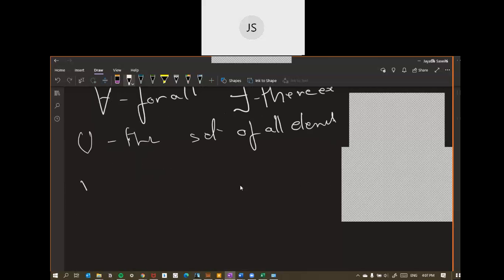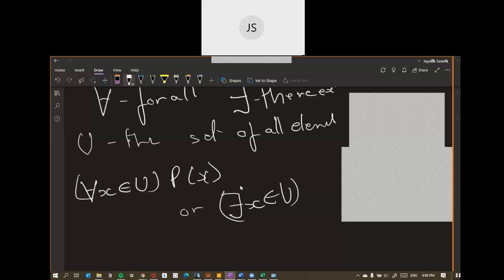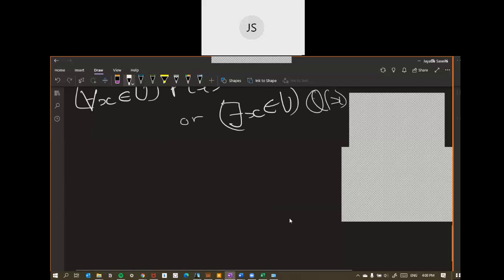We like to write our statement for all x belonging to U, P(x), or there exists x belonging to U, Q(x). And this is not a logical connector, I'm just giving examples here. So when we have statements like this, how do you do an argument with these statements?